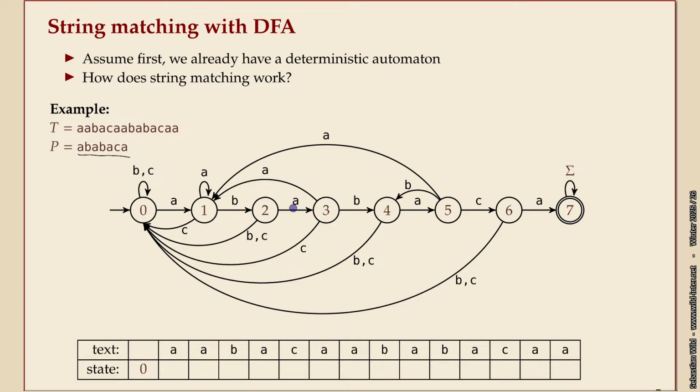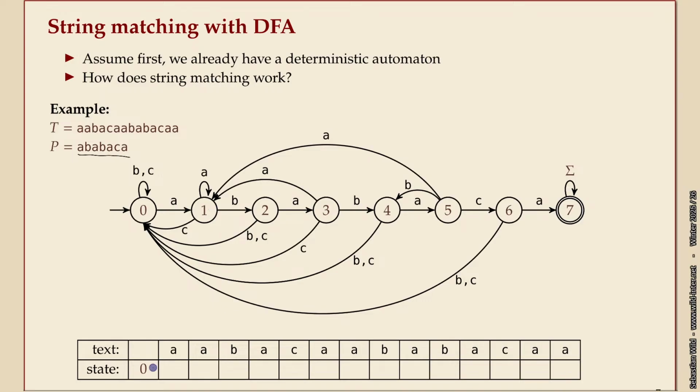And each time on the arc, you see the next letter of the pattern. The way such an automaton works is that you initially start in the state 0 because that's where this arrow goes through. So it says that's the starting state. And then in each time step, you read one more letter from the text and you follow the arc with that letter. And the way the automaton is built means that there's always exactly one choice.